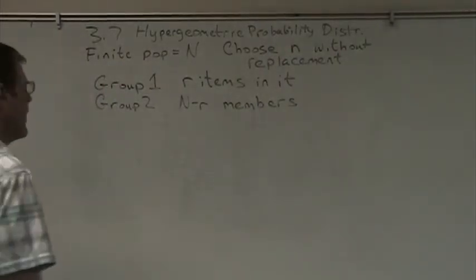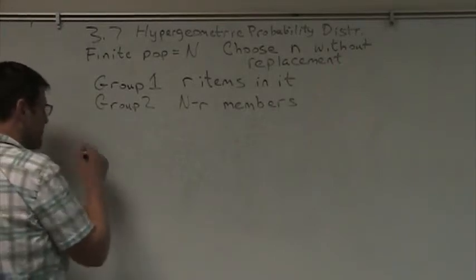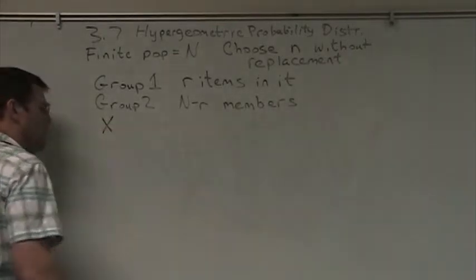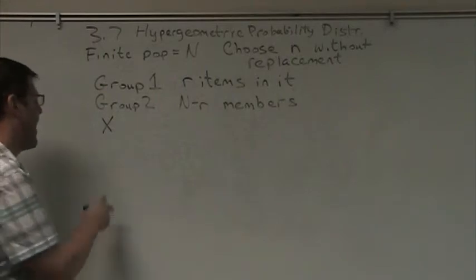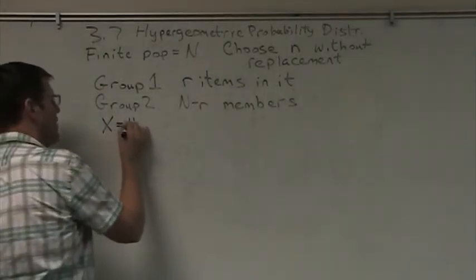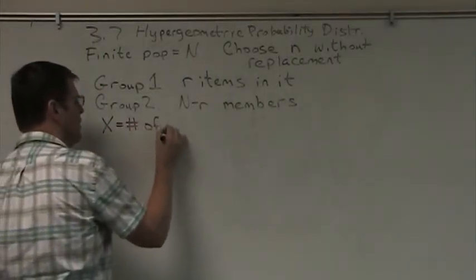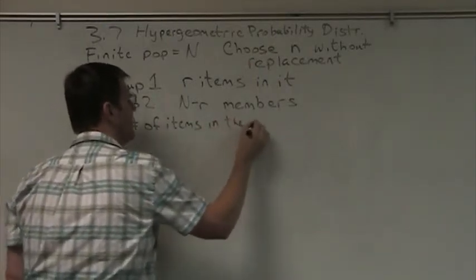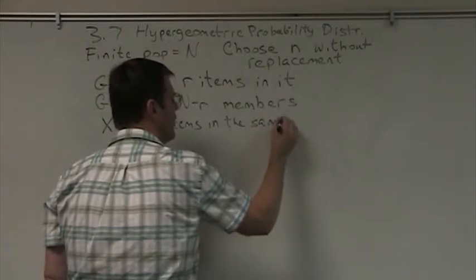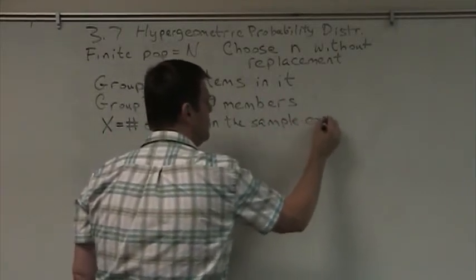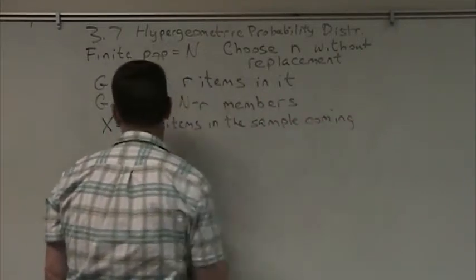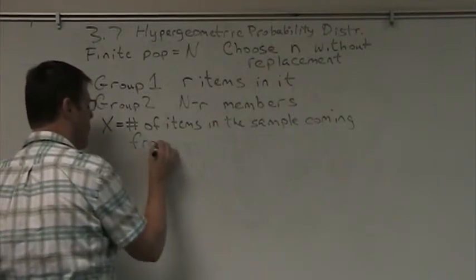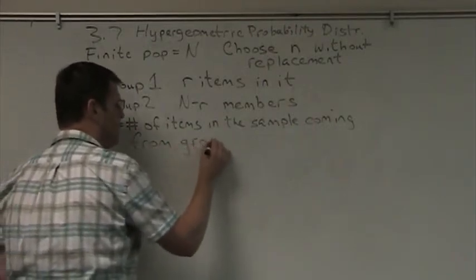And what we're getting the probability of here, and the random variable that we're working with, x, is the number of items or members in the sample coming from group 1.